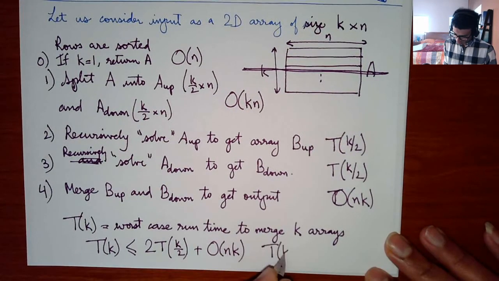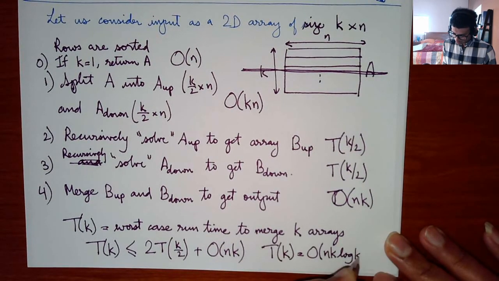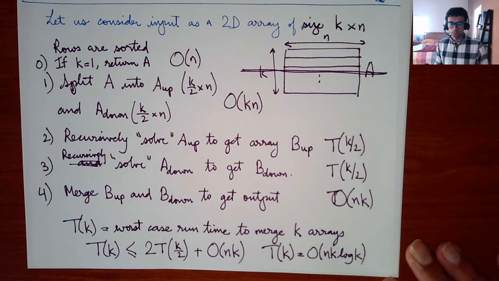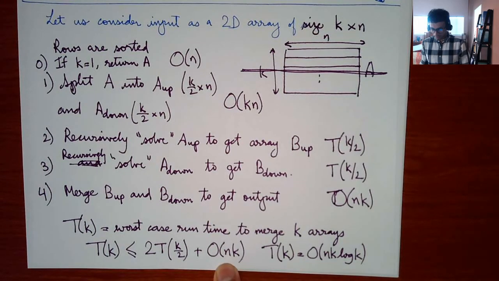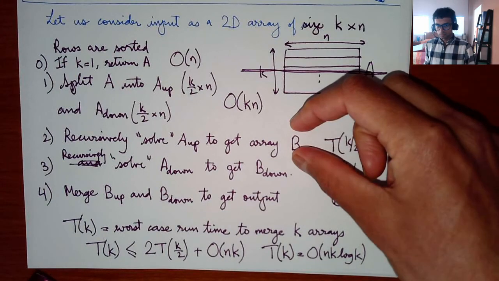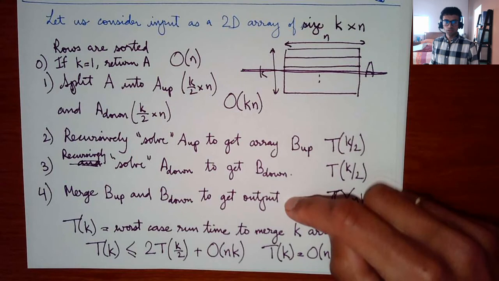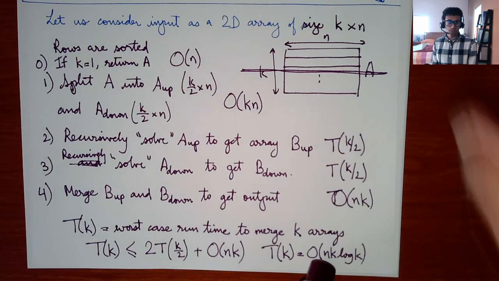And so you get that t of k is O of nk log k. This appears a lot. You take a problem, you split it into 2 parts, solve each of them, and then you have a linear time combine. This was the divide, and this is the combining operation. This also gives you nk log k, just like the previous solution.